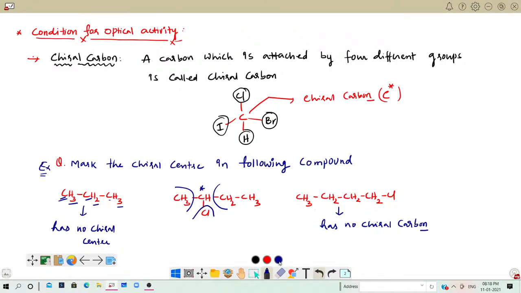This second molecule contains a chiral carbon, therefore it is said to be an optically active compound. Understood? Yes. So this is the basic condition for exhibiting optical activity.